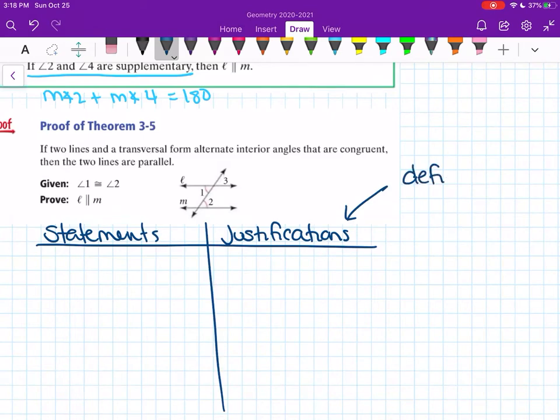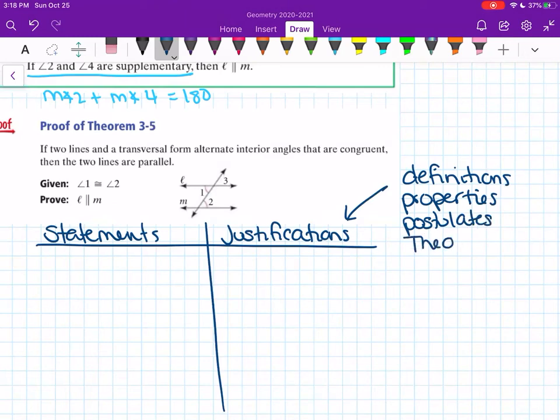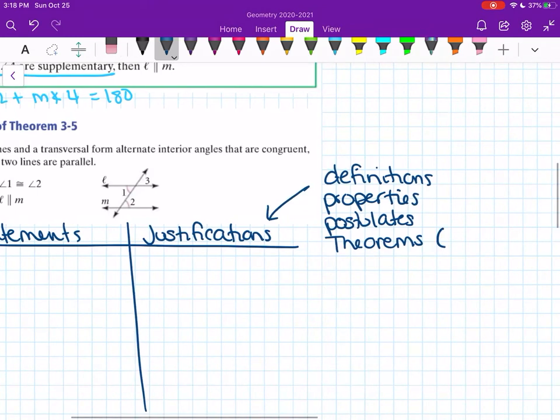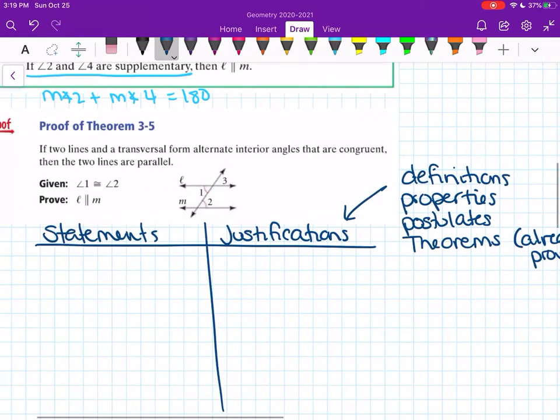And in the justification column, the things I'm allowed to use are definitions, mathematical properties, such as addition, subtraction, division, multiplication, substitution. Okay, those are all different types of properties. And then the last thing is postulates and theorems. And the theorems you're allowed to use are ones that you've already proven. You can't use a theorem you haven't proved yet.